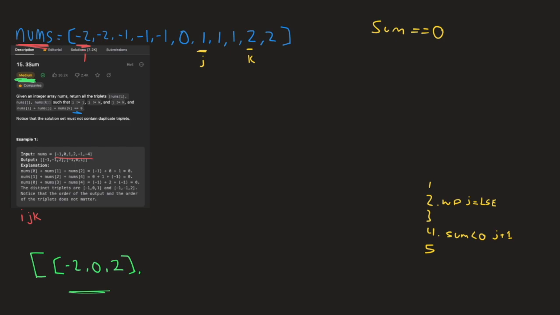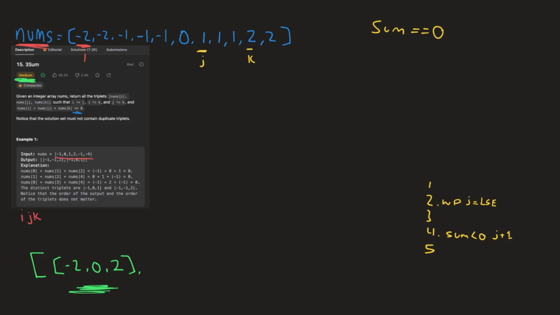Imagine if there were a bunch of zeros like we just had on the screen, and we didn't move it to the last same element. When we incremented J and decremented K, we would have ended up with -2, 0, and 2, because there's another 2 in there. So we would have ended up with the same exact triple that we had down here, another -2, 0, and 2. And we can't have duplicates, right?